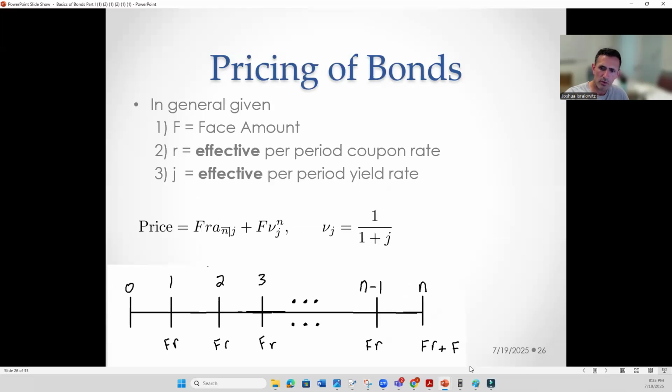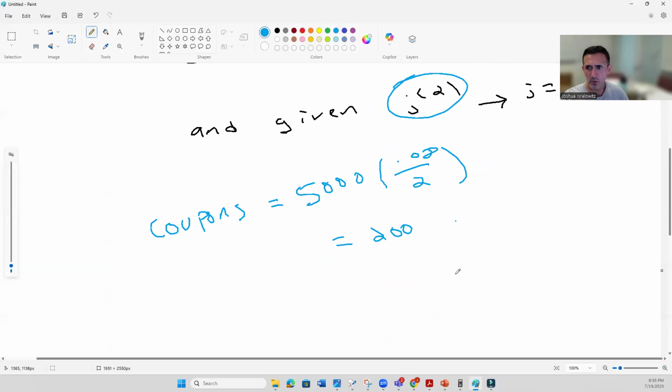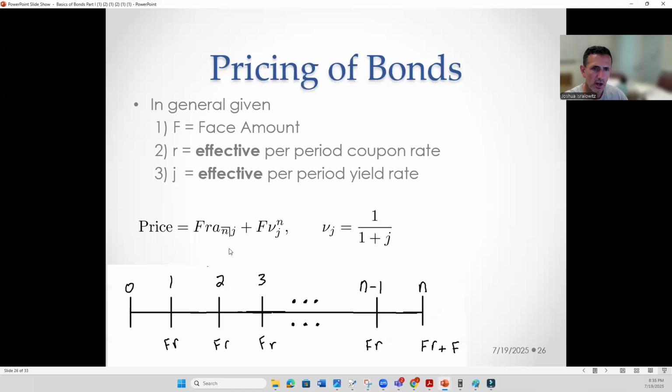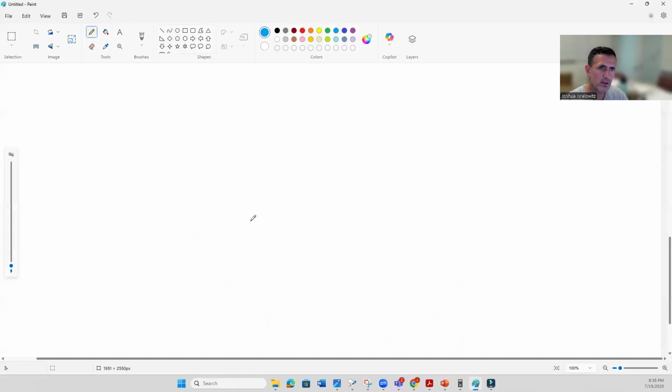Okay, so there's one way to sort of simplify this, and I'll just go over it quickly. In the past, actually, I haven't derived this formula. It's called Makeham's formula, but there's no reason not to. It's literally going to take like 2 minutes. All right, so let's write this down. FR.